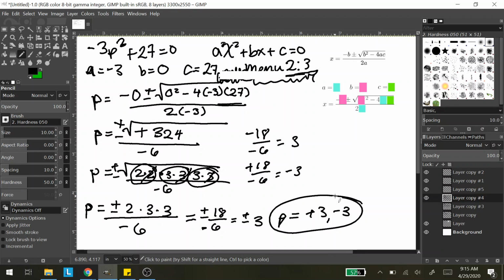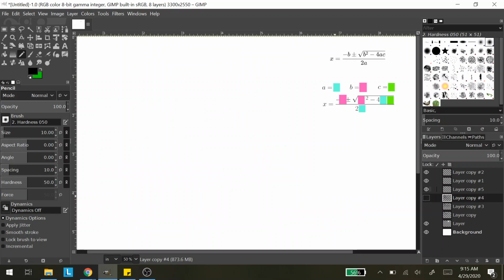Now let's do one that doesn't come out so beautiful. Let's do one where you have to reduce. And negative 20.